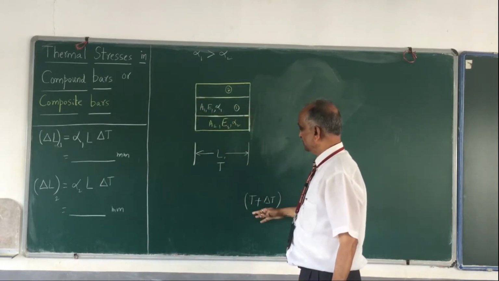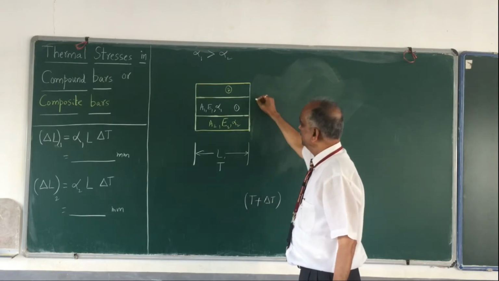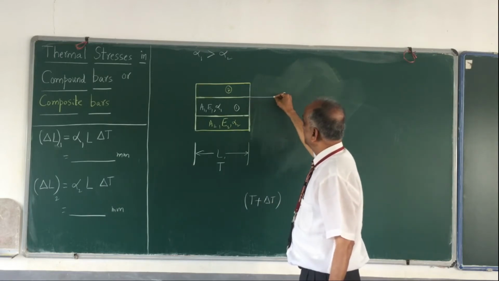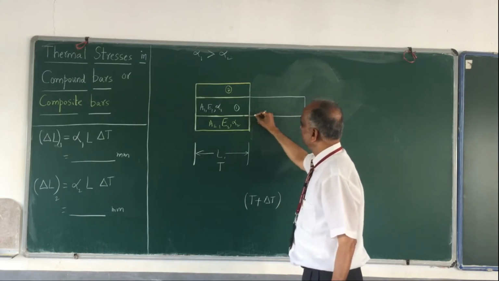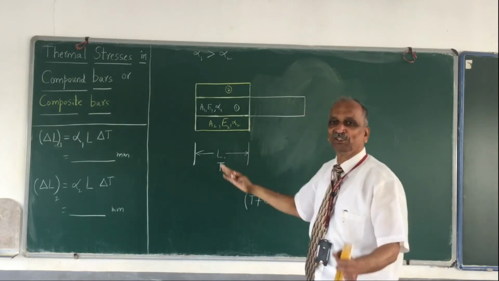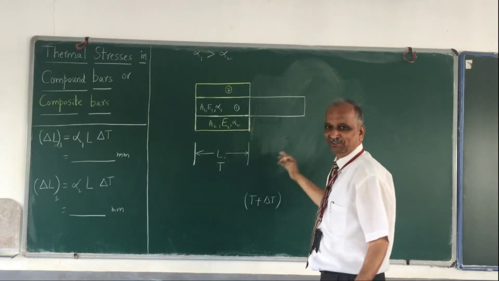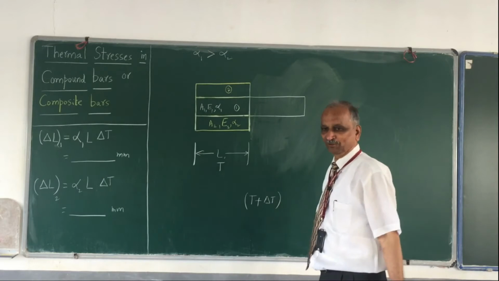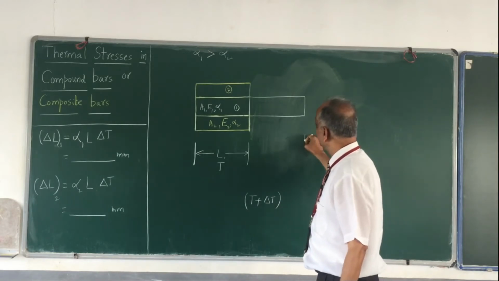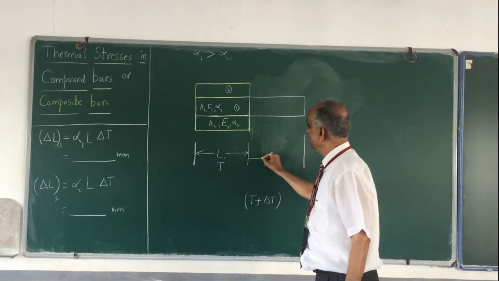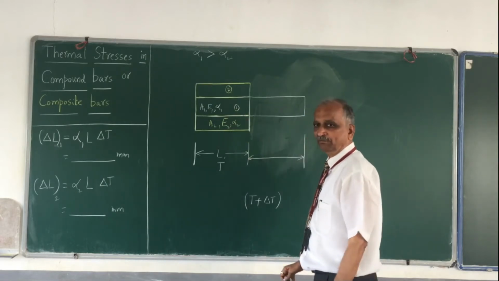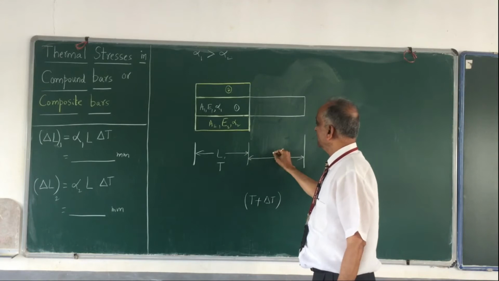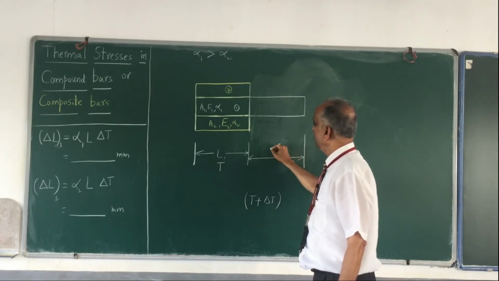Let me show that delta L of 1. When the temperature changes to T plus delta T, the inside bar will undergo a change in length. As I said, only for the sake of understanding, I am showing it as if it is very, very large. It is a fraction of a millimeter also. So what is this length? From here to here. This is the free expansion of material number 1, and this is delta L of 1.